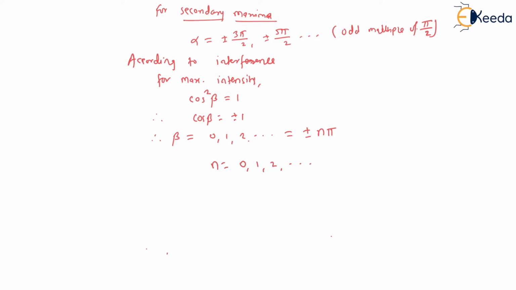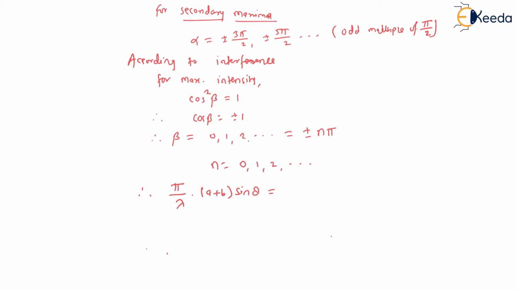Again we can go for the path difference also. As we know, beta is pi by lambda into a plus b into sine theta.